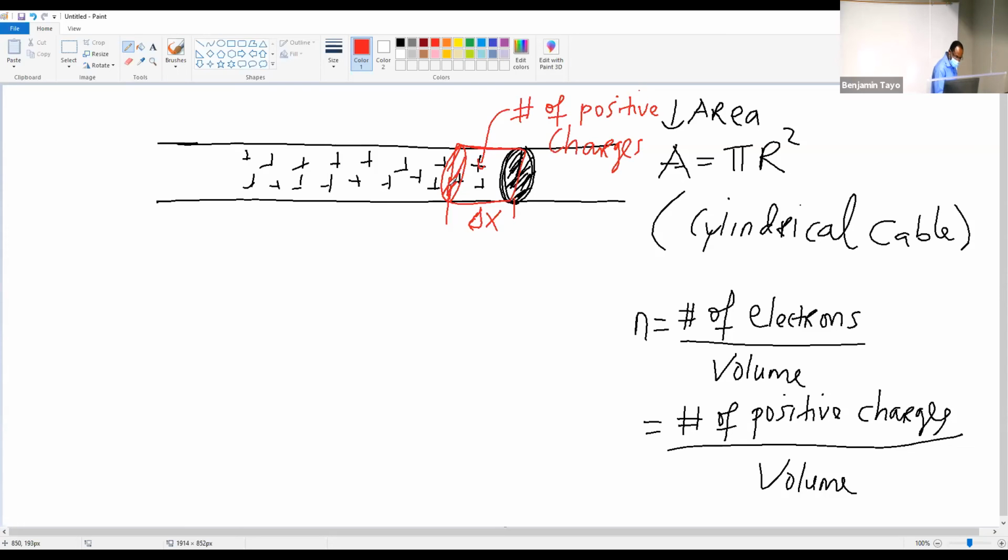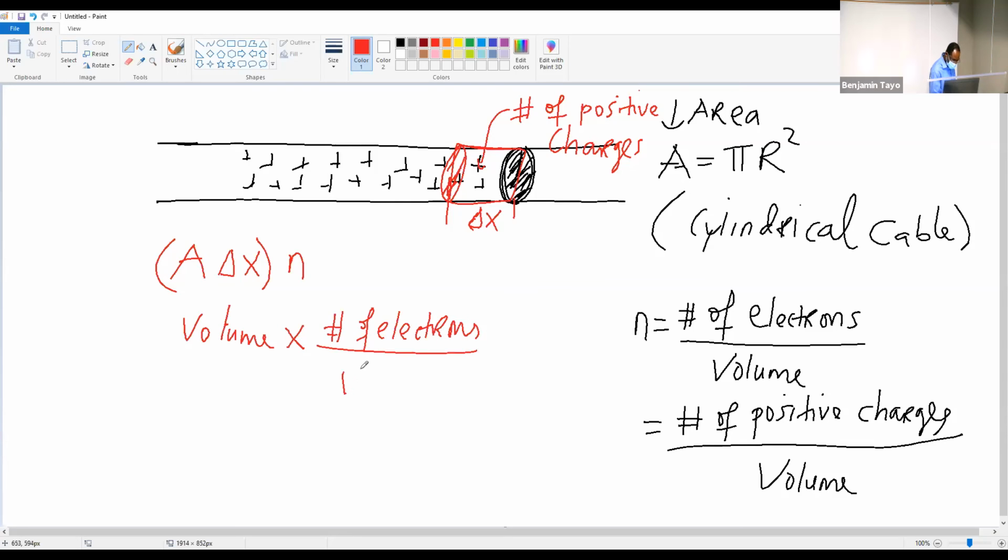I can calculate that by taking the area and multiplying it by delta x, so this gives me volume, and then multiplying this by n, number of electrons over volume. So you're going to see that volume is going to cancel with volume, and all of this is going to just give me the number of electrons that I have in this small region right here.